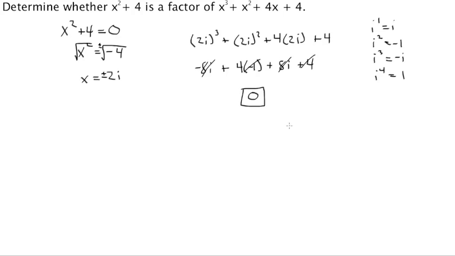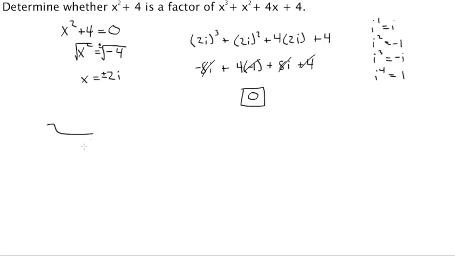So what do we conclude? Since one of these imaginary roots, these imaginary factors, is a 0 of this, an interesting but true fact is that both of them have to be zeros. Our imaginary zeros, our imaginary roots, are going to come in pairs.